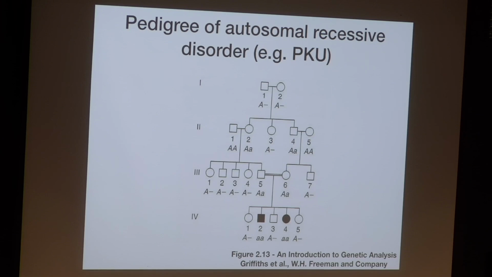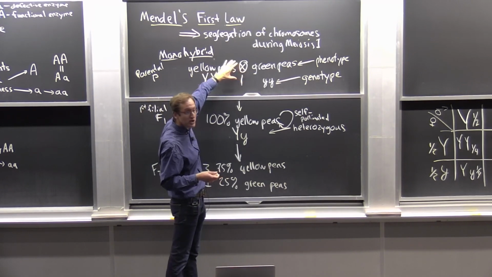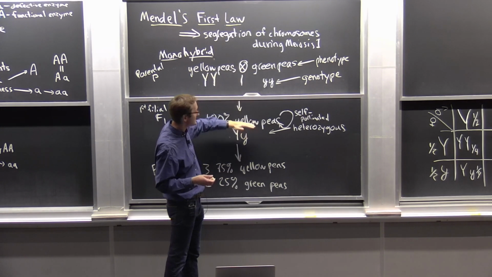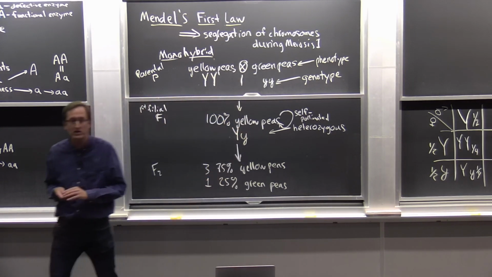Okay, and I want to point out the parallels between this simple cross with peas and the inheritance pattern shown by PKU, or phenylketonuria. So notice here you have green peas in the parental generation, but green peas skips a generation and only appears again in a subsequent generation, okay?